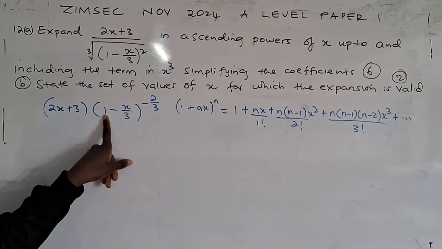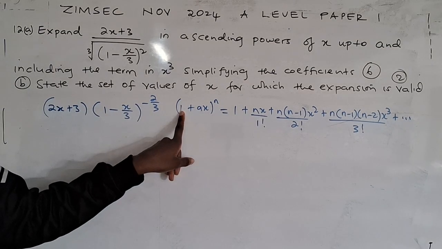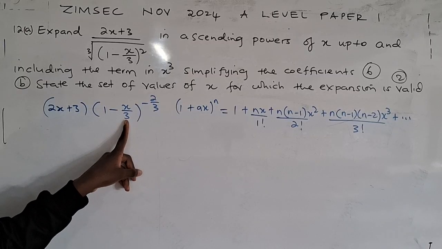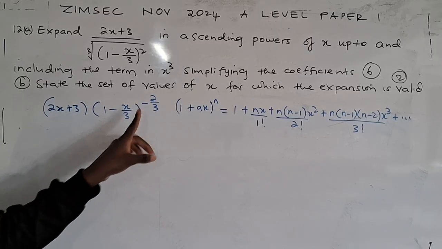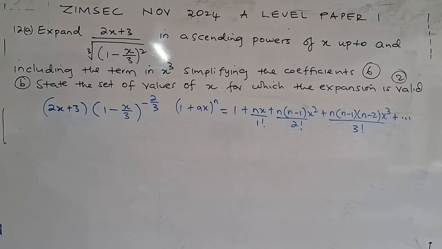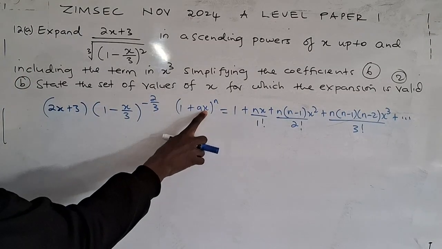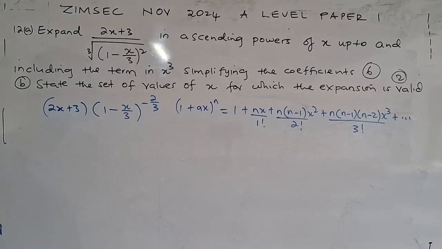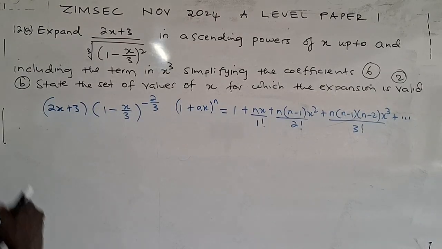Here the constant should be 1. So this is already arranged. This is (1 - x/3). So what is the value of n? n is nothing but -2/3. And what is the value of a? This is negative 1/3.